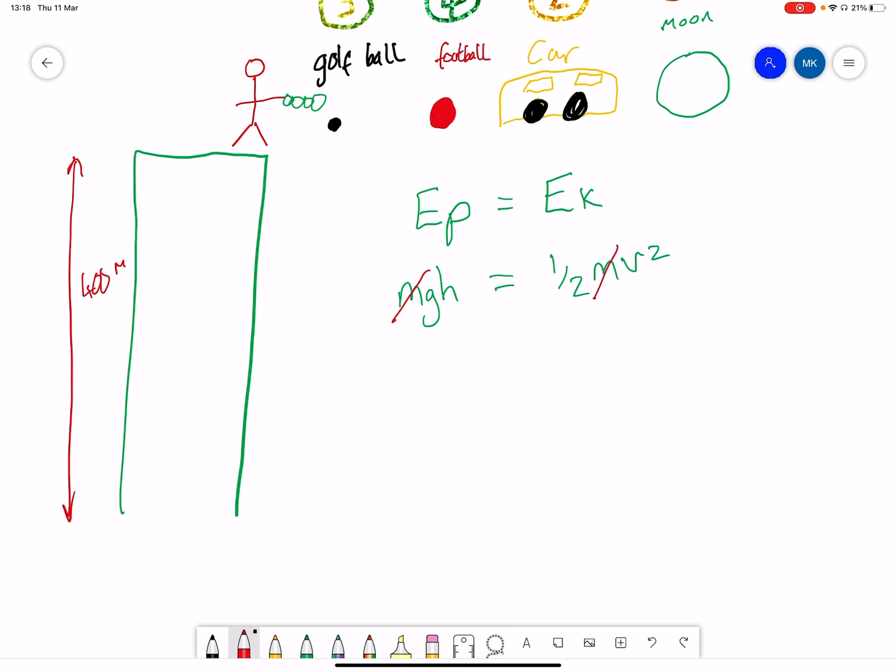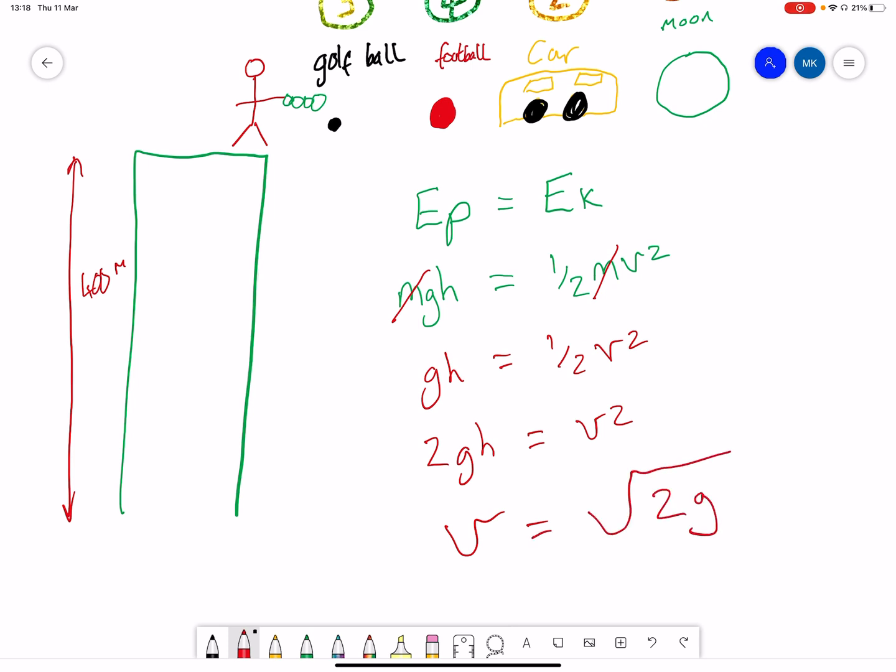The mass has absolutely no effect on it. So gh equals a half v squared. If we times both sides by 2 to get rid of that half, we have 2gh equals v squared. So v equals the square root of 2gh.